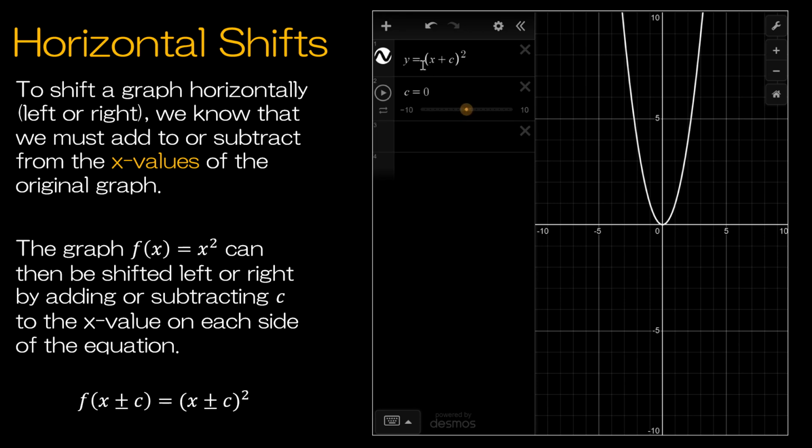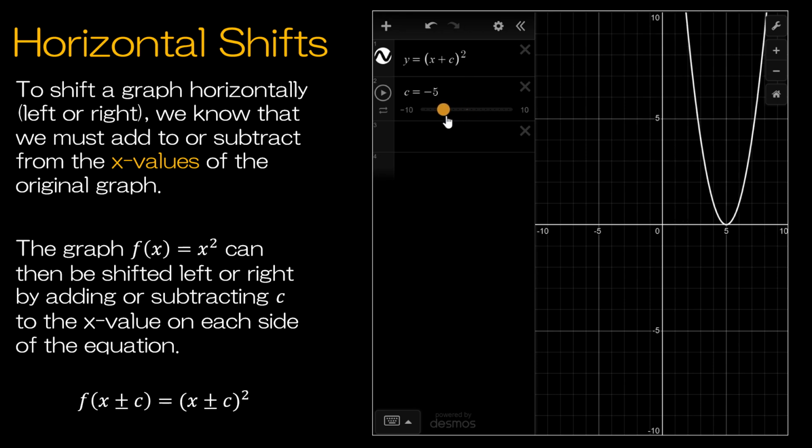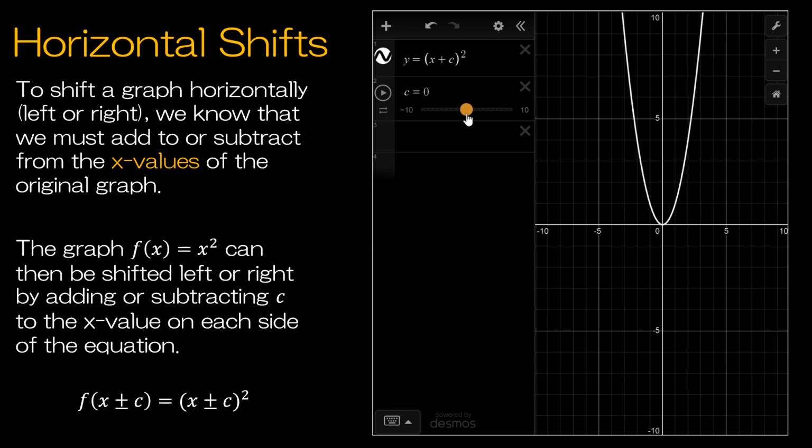And that's because the original function is actually x minus c, so we're subtracting a negative to move it to the right. So again, if I have a negative c value, then it's going to move that entire graph to the left. I do want to point out that with these shifts, the graph itself remains unchanged. We're just shifting it around.